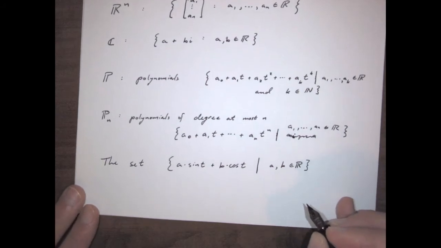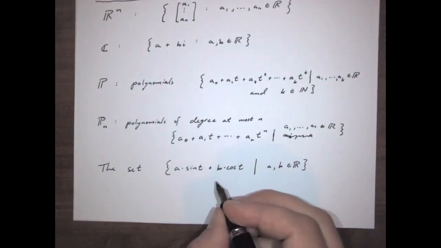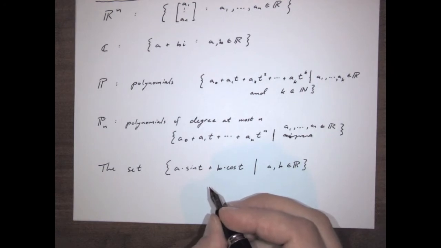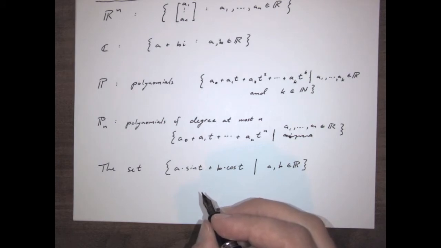And the question would be here, if I have things like this, so like 3 sine t plus 1/2 cosine t, things of that form, can I add those things and will the results still be in the set? Yes, I can.